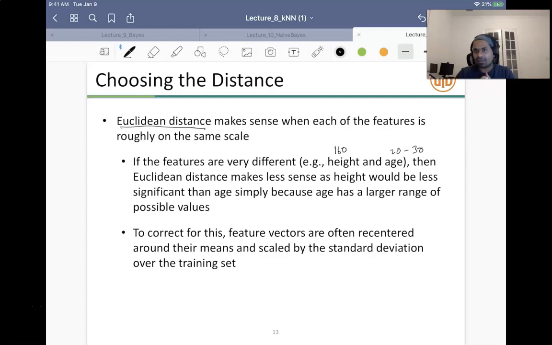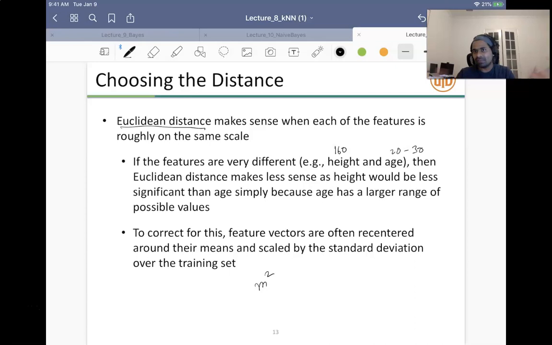Imagine now, compared to age and height, you had another feature. For example, say it's a house prediction problem, and the area of the home is one of the features. The area of the home would probably be in square meters.